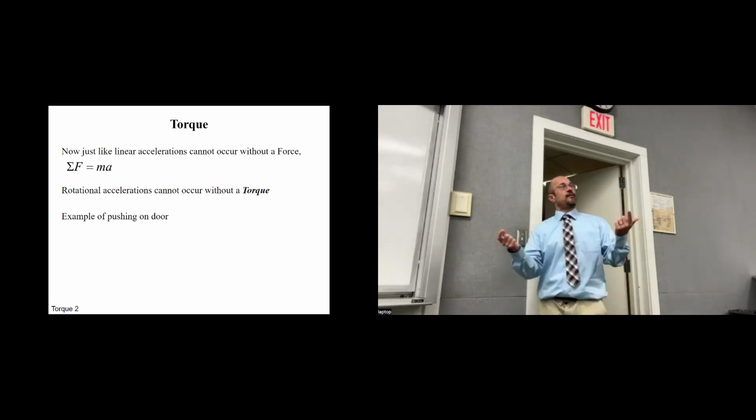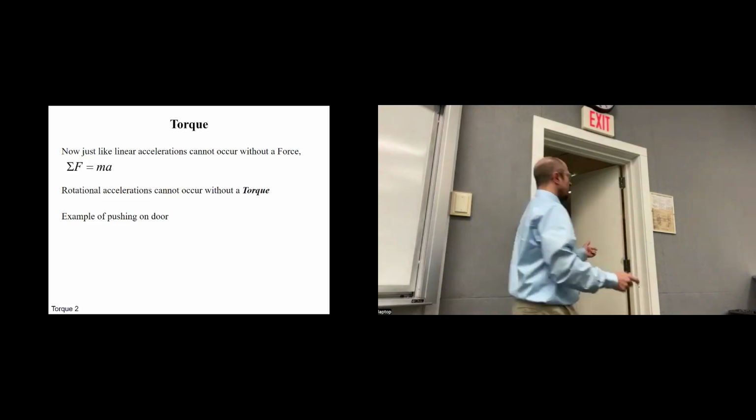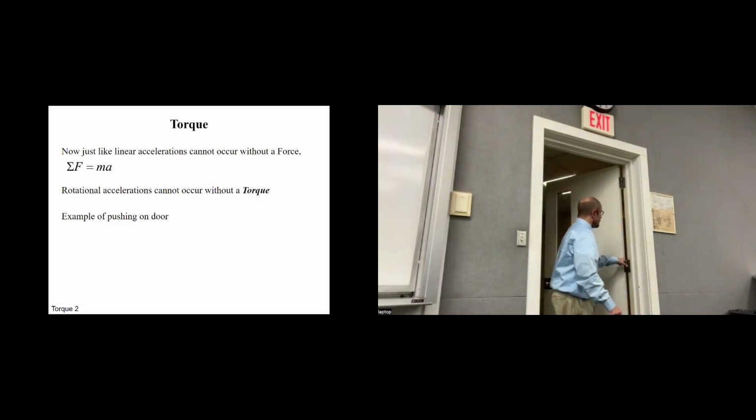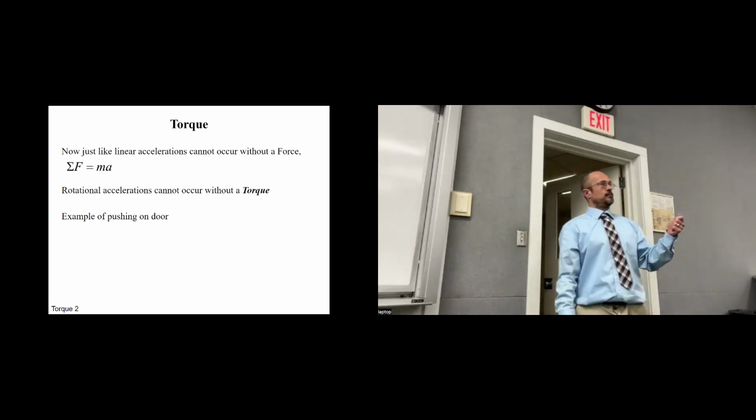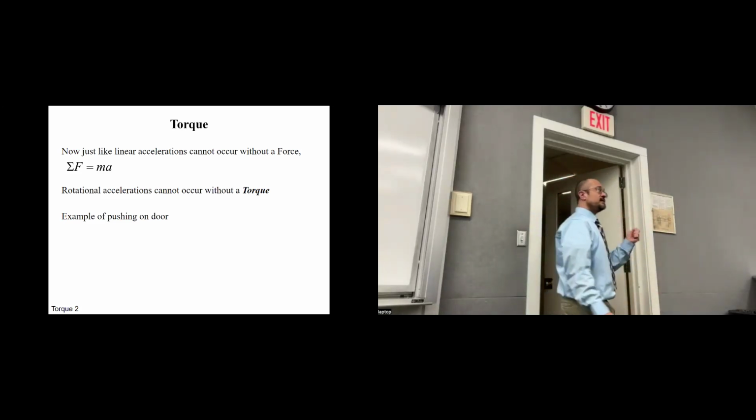So our first takeaway from looking at a door is that somehow the torque is related to the distance I am from this hinge, from the rotation point. So somehow the distance is related to that torque value. Is everyone good with that? So distance makes a difference.